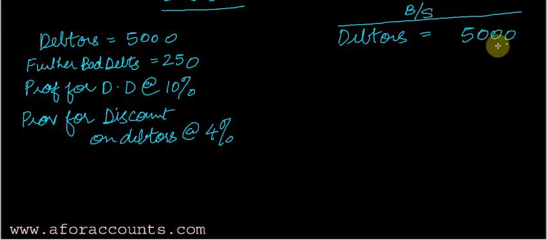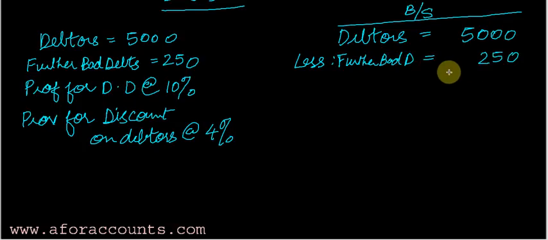Debtors is here, less your further bad debts, because these are further bad debts, I cannot recover them. So why keep them in the balance sheet now? 250 is your further bad debts, subtract it, it is 4,750. And now the provisions.